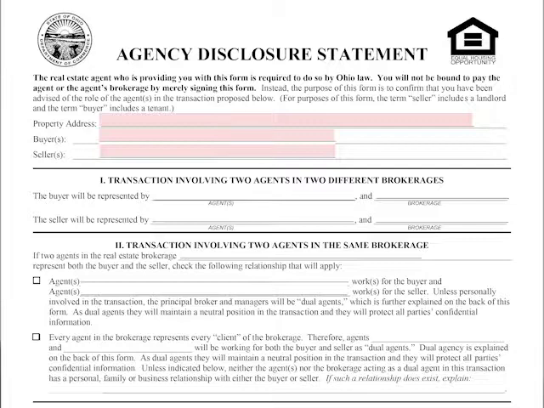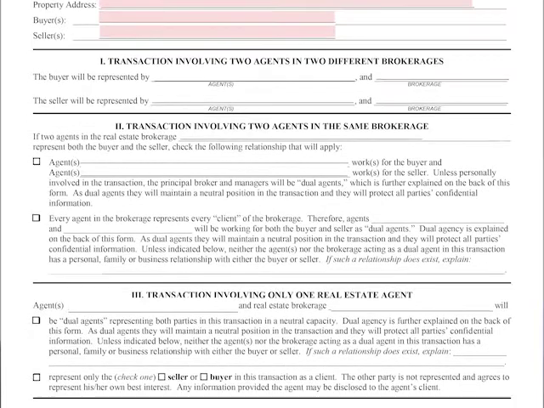So let's talk about the different types of setups here on the form, because you have basically a number of them. Number one is a transaction involving two agents from two different brokerages. So the top line talks about the buyer will be represented by, that is you. In this case, for myself, it would be the buyer is represented by Michael Teese with Keller Williams, Greater Cleveland West.